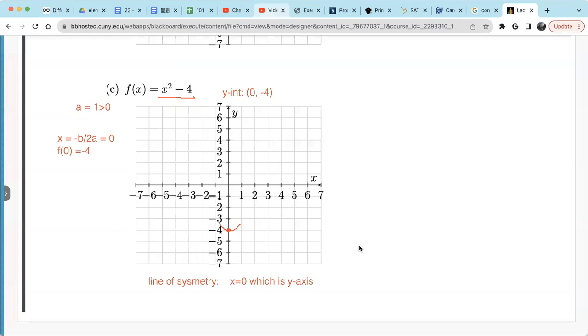So we just need one more point. Why don't we evaluate f of 1? I'm free to pick any x value to evaluate to get the corresponding y value. 1 squared is 1, minus 4, you get -3.